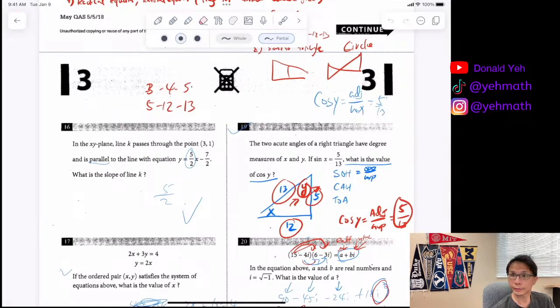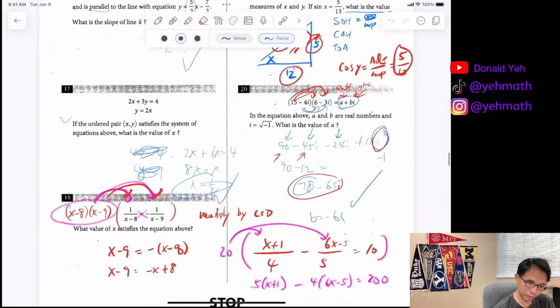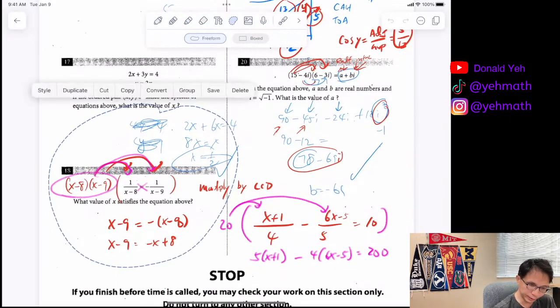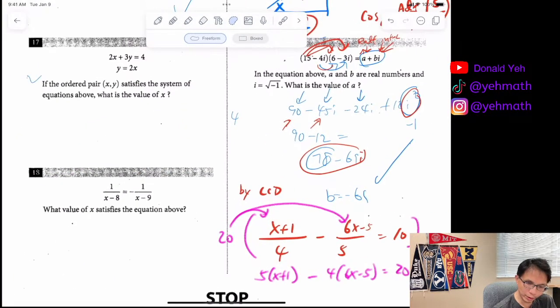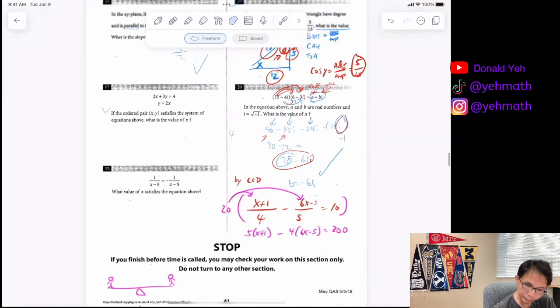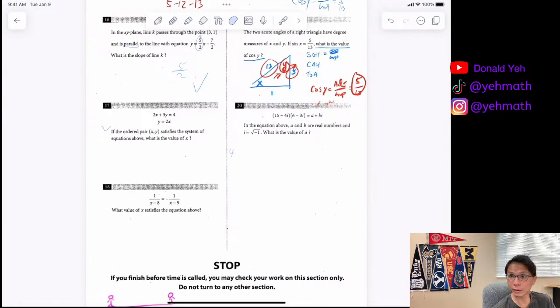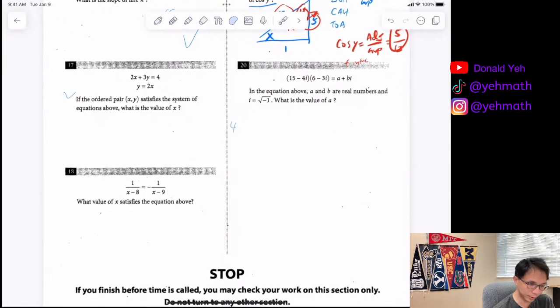Wait, hold on a second. You're going to see why I'm doing this. Okay, so look at the SAT question. I was helping a student with SAT questions.